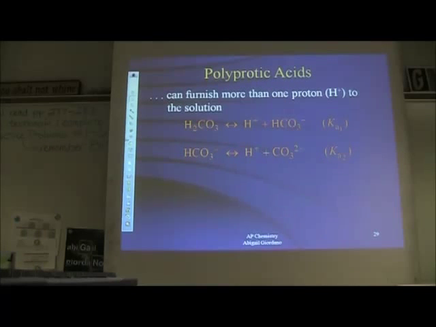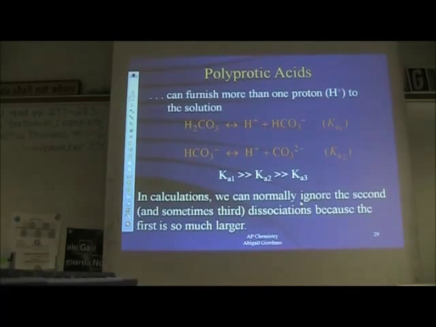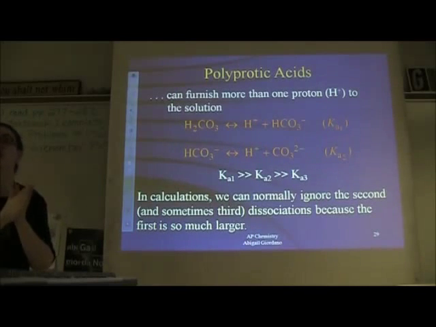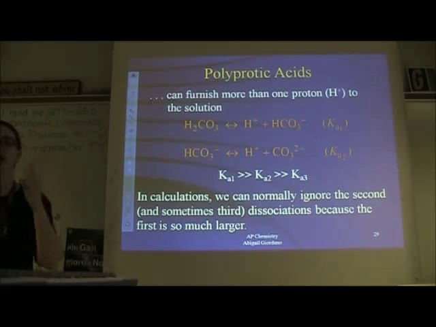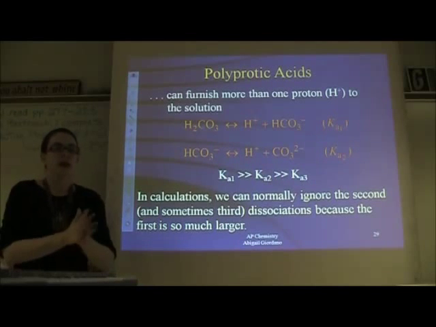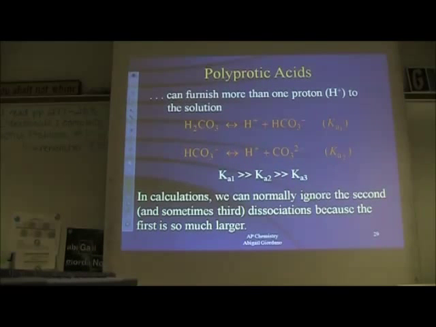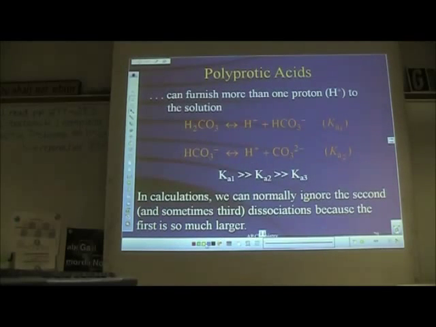Now, here's the good news. When you're dealing with a polyprotic acid, let's go to the extreme. Let's think of an acid that is triprotic, has 3 hydrogens to give away. In theory, let me give you an example. Let's say we were given this acid, phosphoric acid.